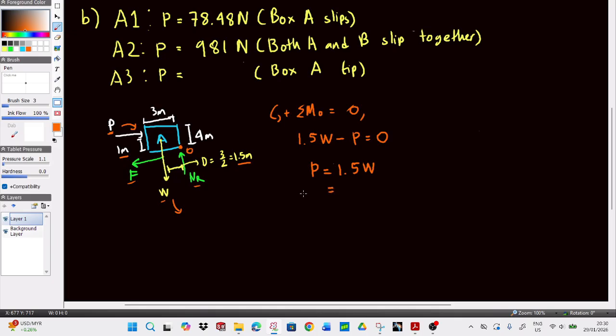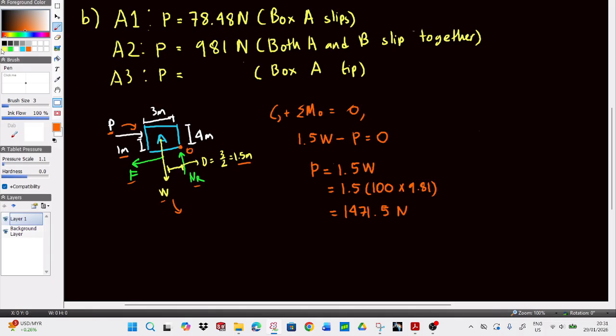So our W is, since it's a 100 kilo box, 100 kilos times 9.81, mg. So our P would be 1.5 times 100 times 9.81. It's actually pretty large though. It's about 1471.5 newtons.